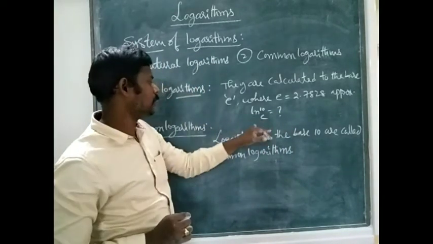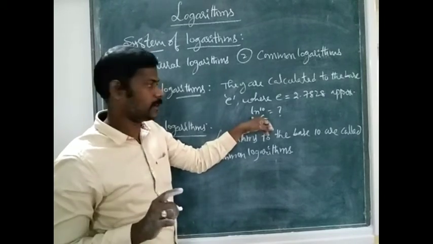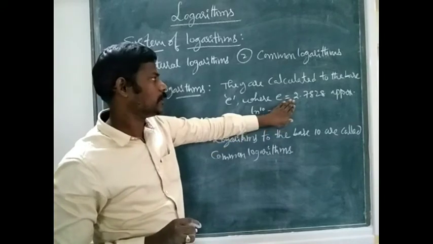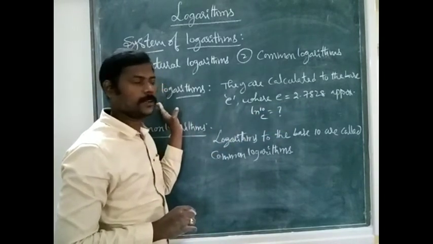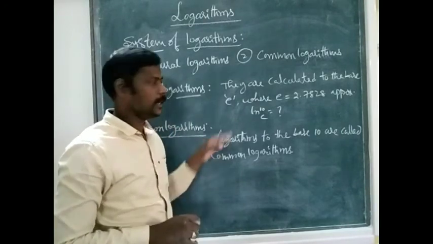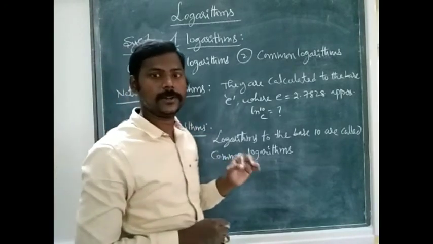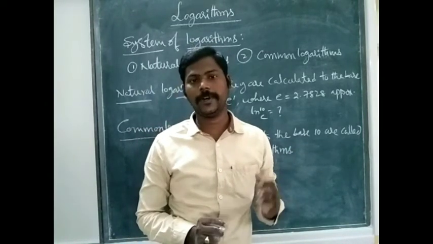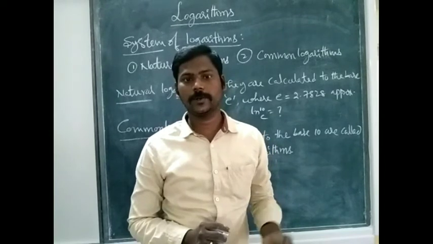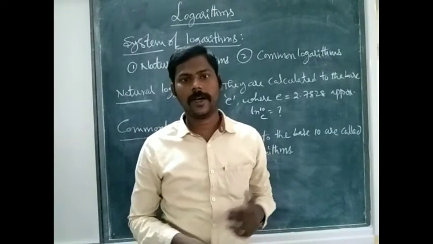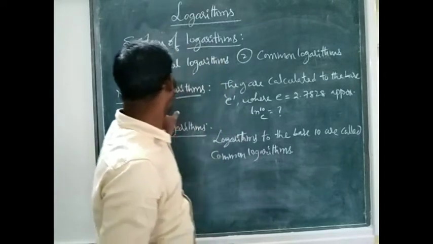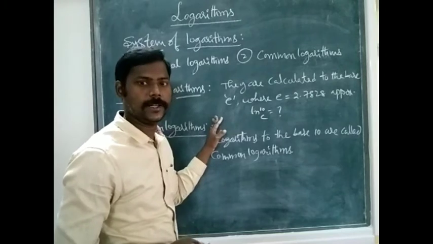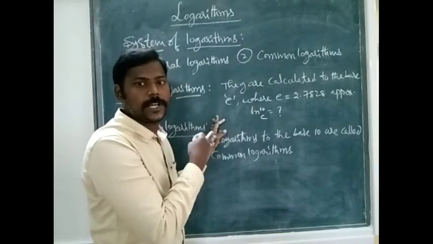In natural logarithm, it is ln, not log, ln base e, some value we will get. This type of logarithm is called natural logarithm. It is generally used in higher engineering mathematics, or by scientists and astronauts, for higher calculations. Children, you can study about how to apply this type of logarithms in higher studies.